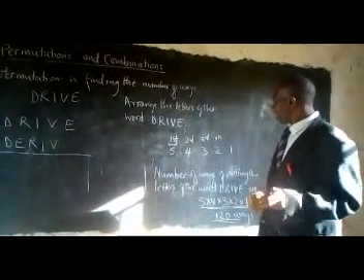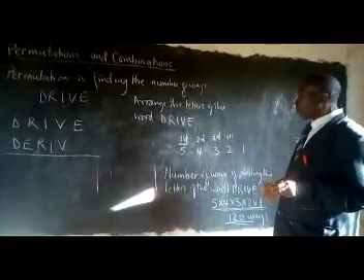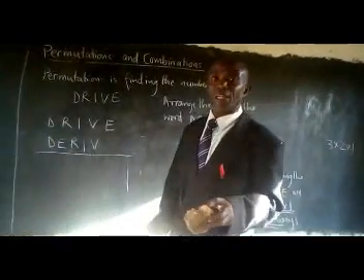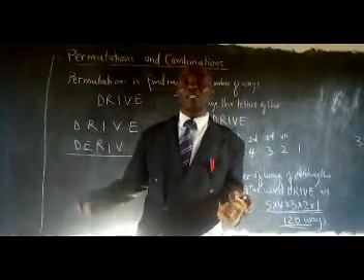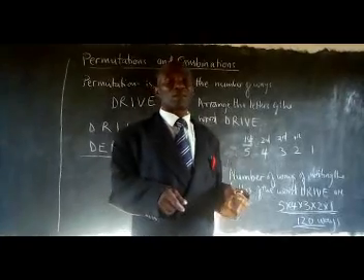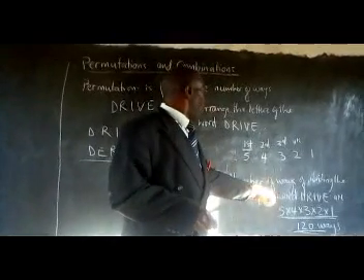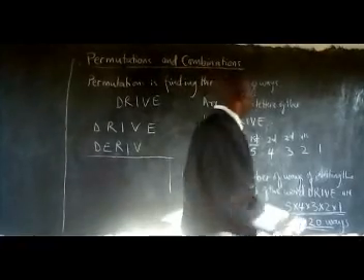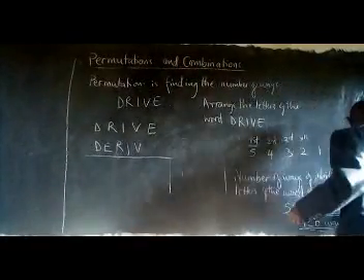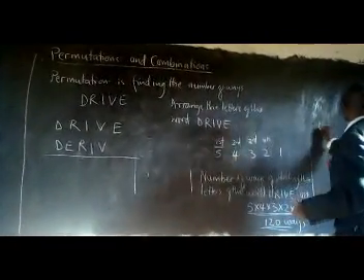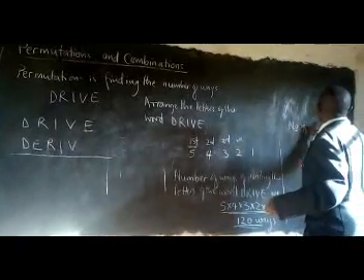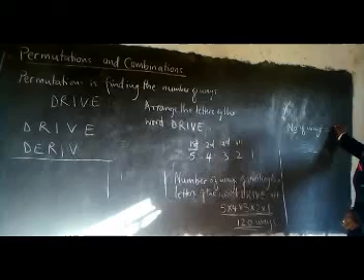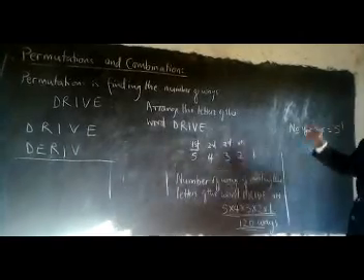Because of such, we can summarize it. See, the importance of mathematics is to simplify your work. So, to get all this, you simply say that the number of ways will be equal to 5 factorial.